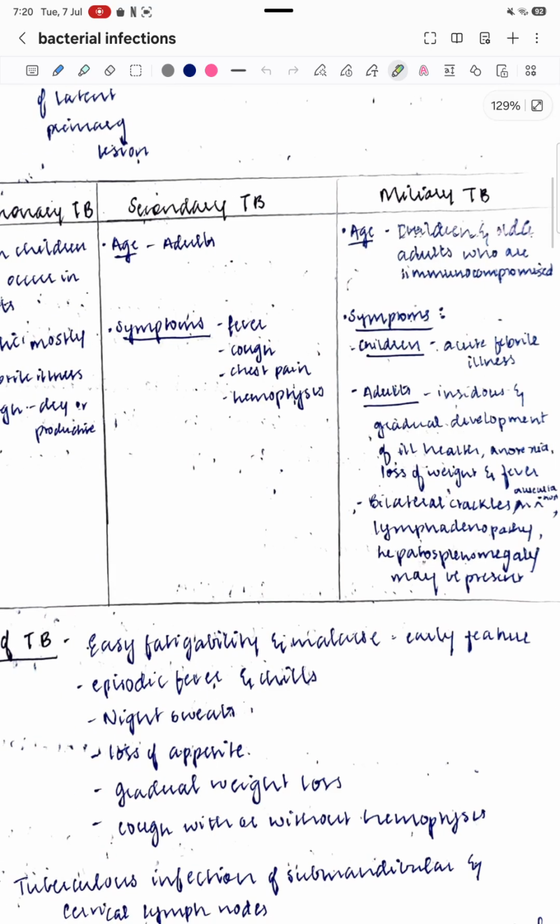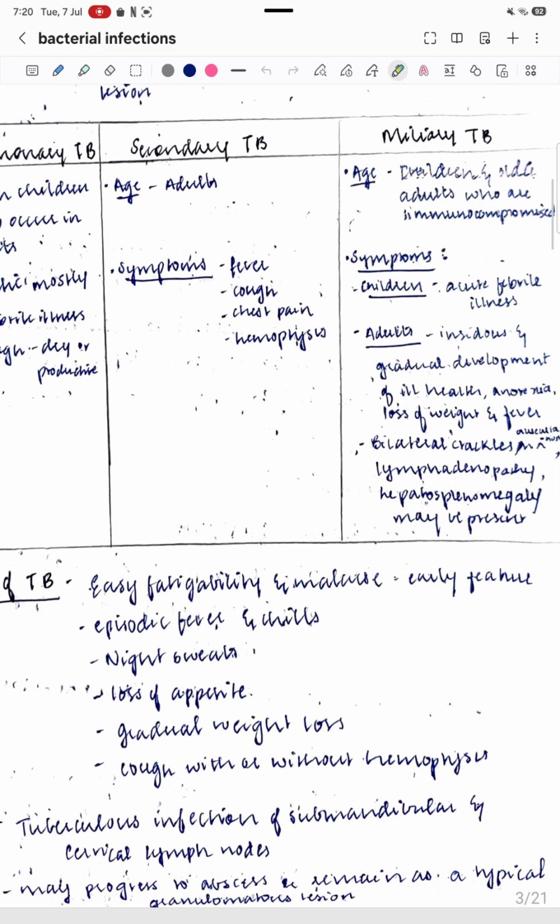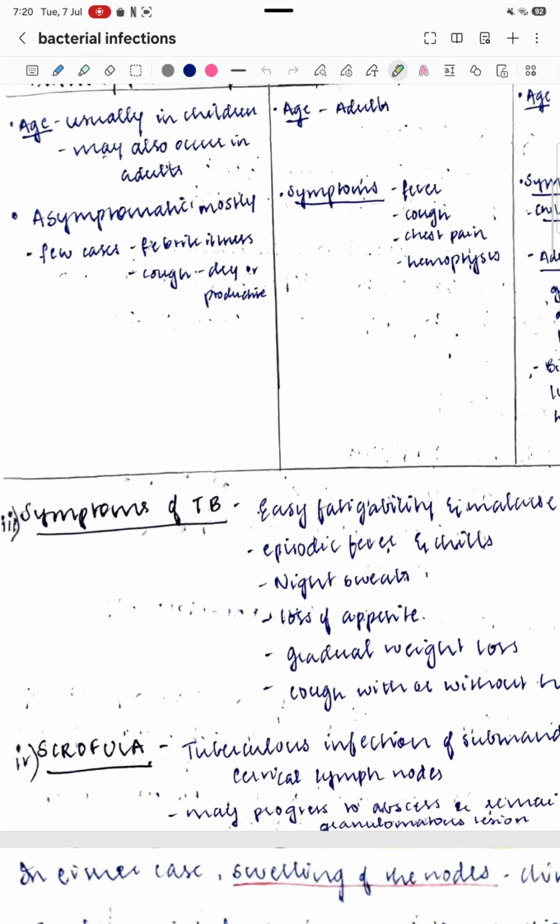Miliary is the most dangerous form, occurring in immunocompromised patients. In children it causes acute febrile illness, and in adults first an acute illness, followed by anorexia, loss of weight and bilateral crackles. Then lymphadenopathy and hepatomegaly.